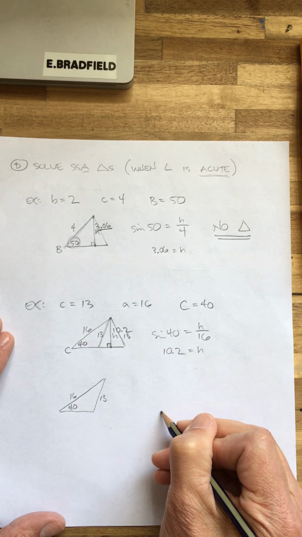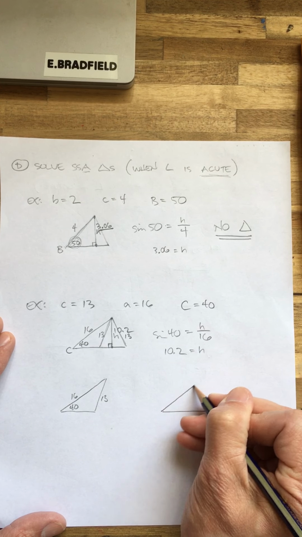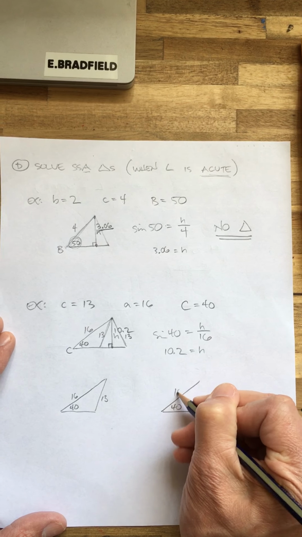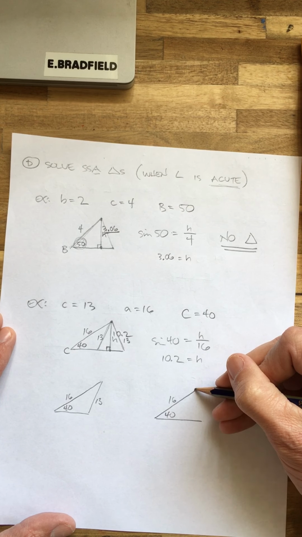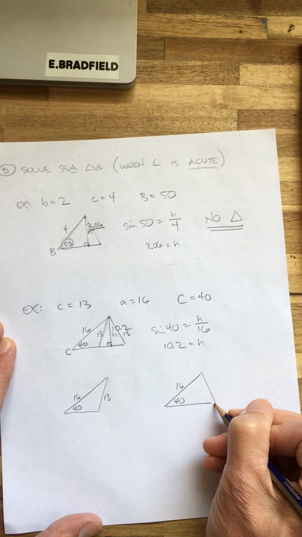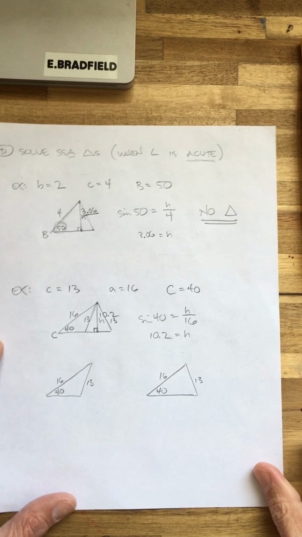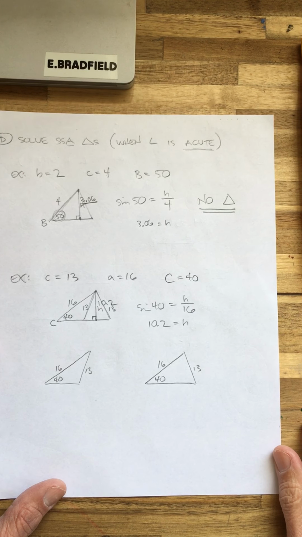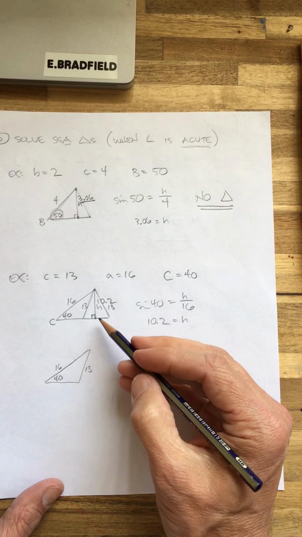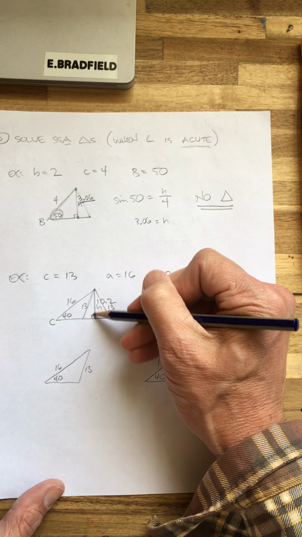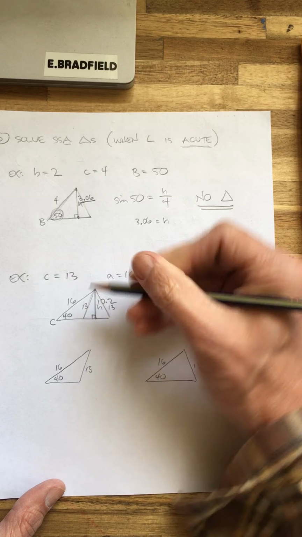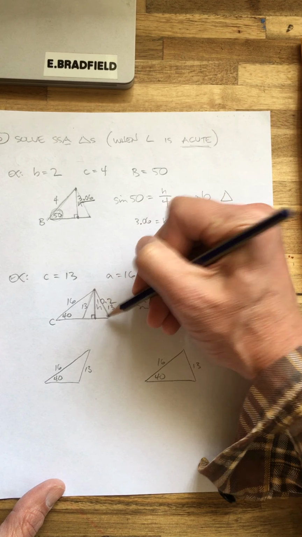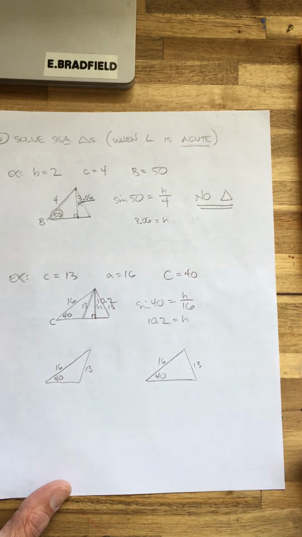And then I also have this triangle here with a 40-degree angle, which is 16 units long there, but 13 going this way. See what's happening? Think about that for a second. We ended up with two triangles because this height is 10, so that means 13 can fit this way or 13 can fit this way.